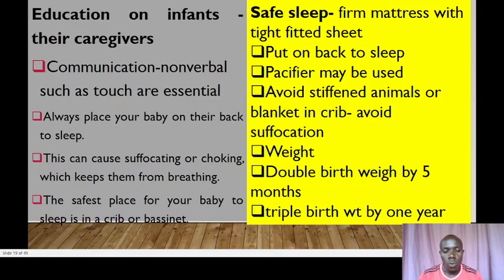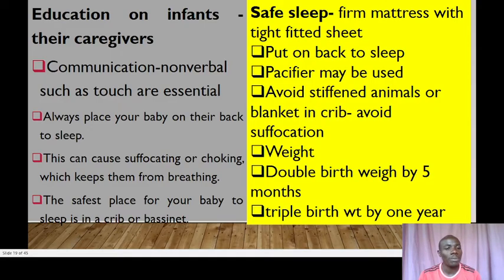So what education are you supposed to give to this particular age group? Remember, most of the information will be directed to caregivers. Communication using nonverbal means, such as touch, is very essential to make sure that they are gaining trust.